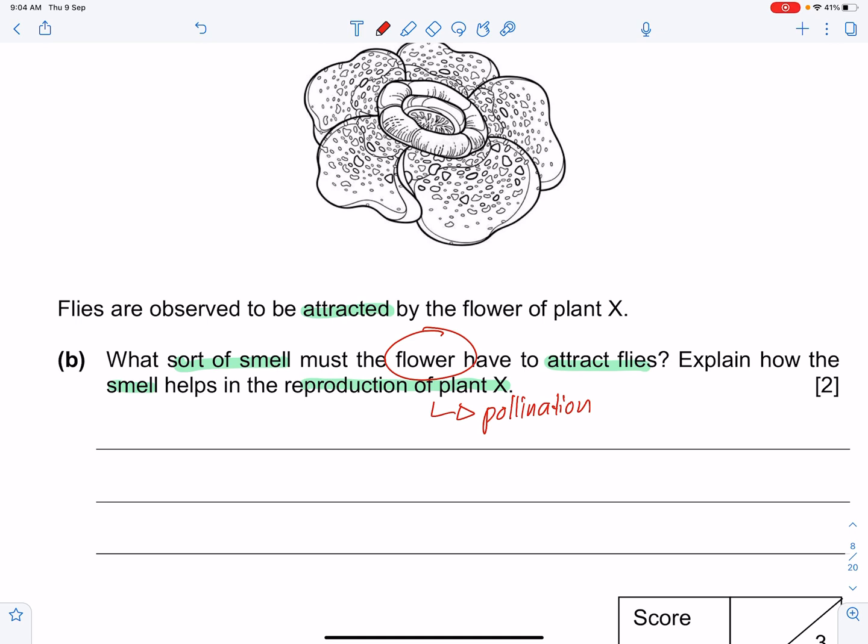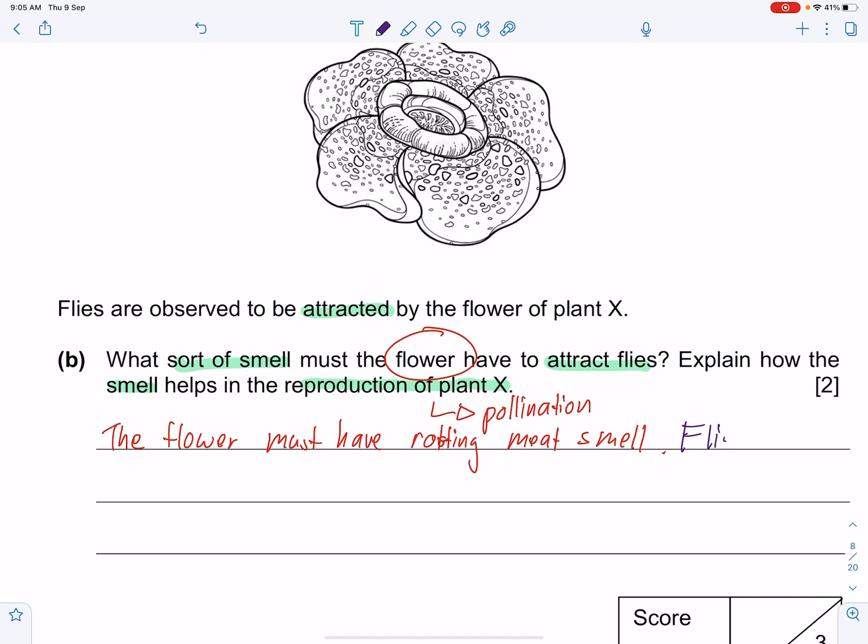It's actually very straightforward. The flower must have a rotting smell. Follow what was given in the question. Pungent smell, decaying smell, okay? And then after that, what's the second part? You must tell me that the flies are attracted.